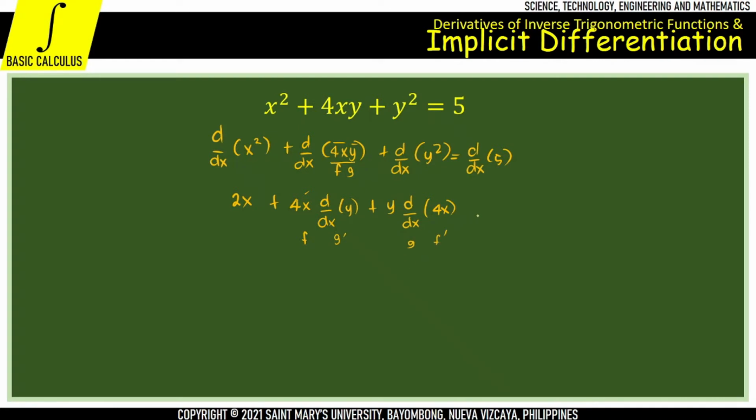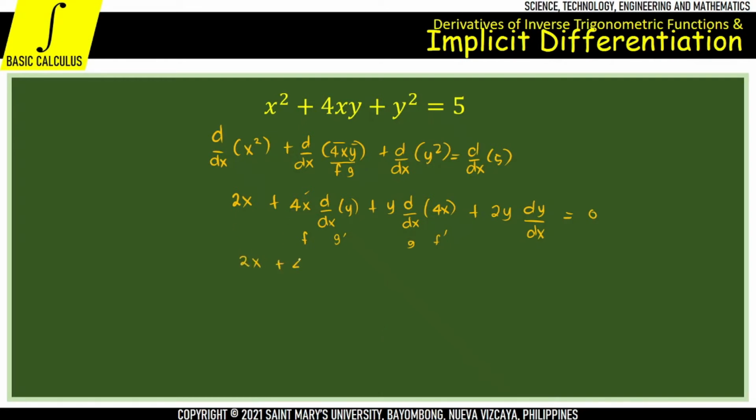So yung part na yan. And of course, we have the derivative of the third term. Derivative ng y squared is equal to 2y, and since nag-differentiate tayo ng y, we have dy/dx. The derivative of a constant is equal to 0. Next, we have 2x.